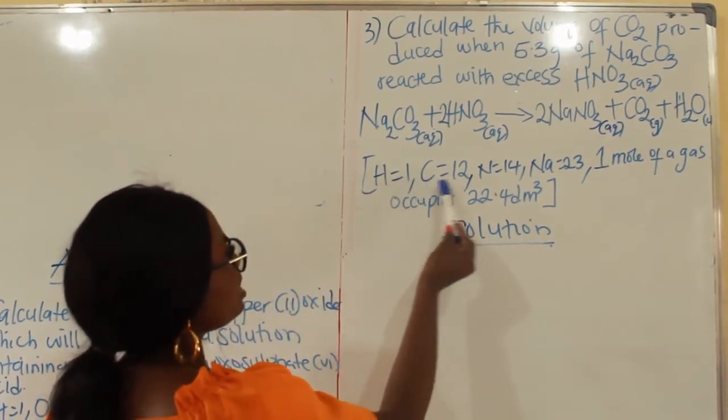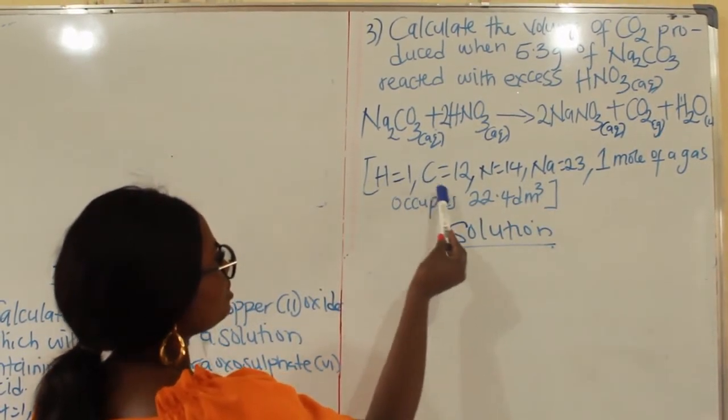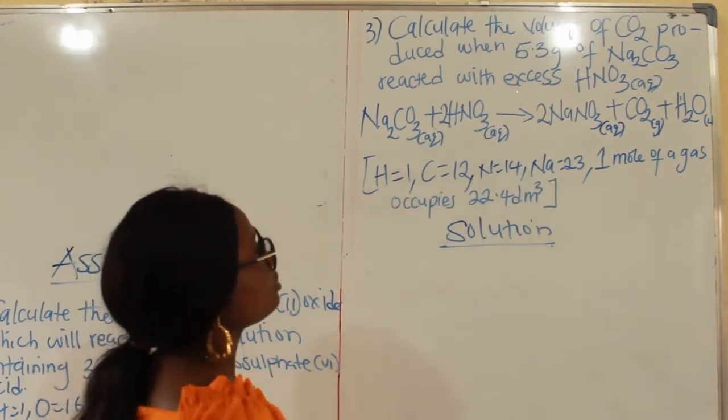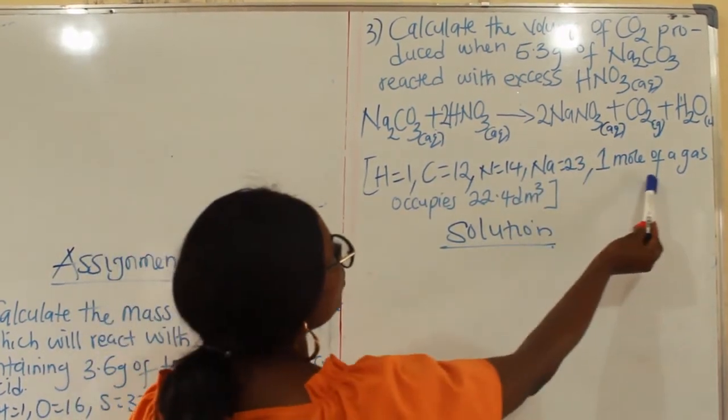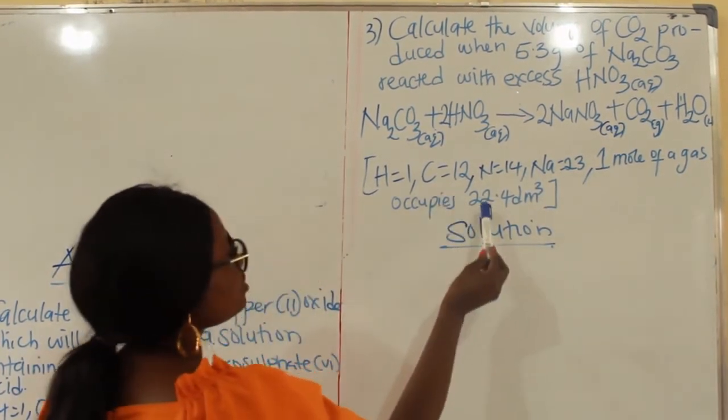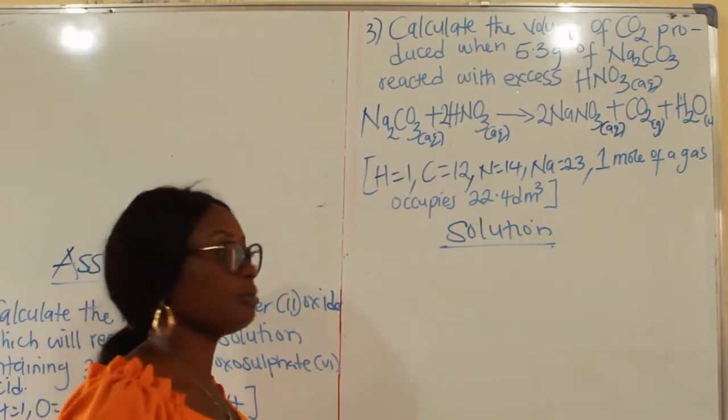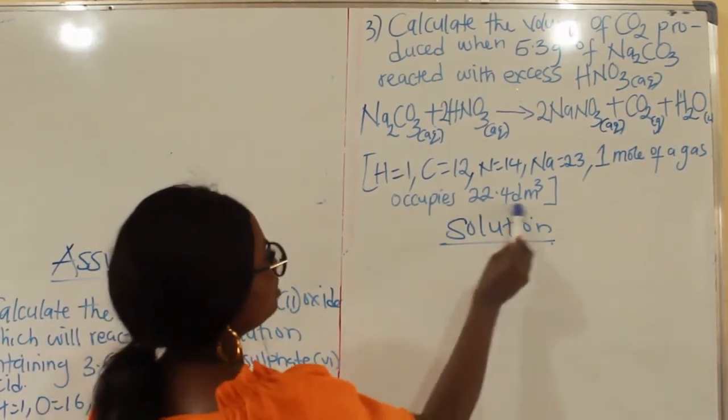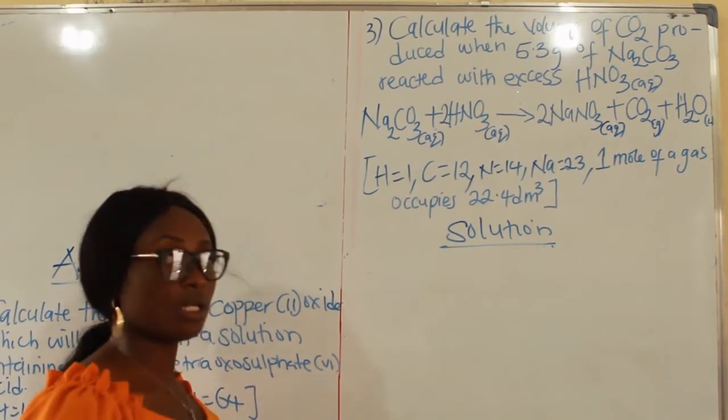Now you're given the individual masses: hydrogen, carbon, nitrogen, and sodium, and then 1 mole of a gas occupies 22.4 dm³. Okay, this is very important because you'll be using it to calculate.